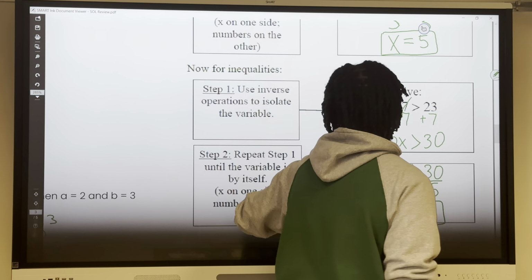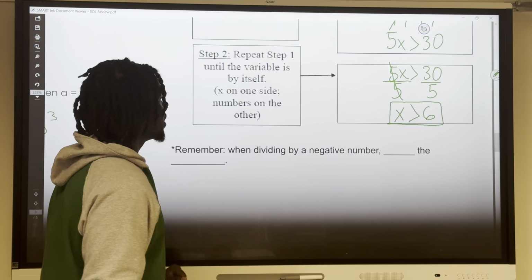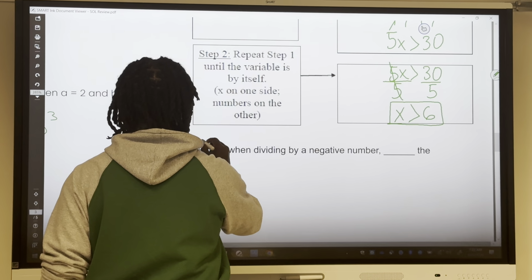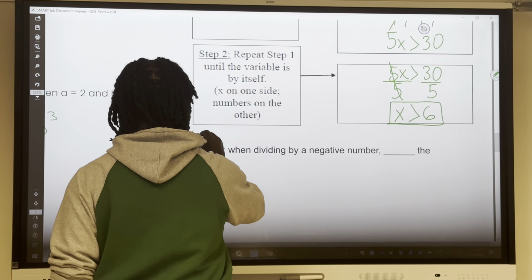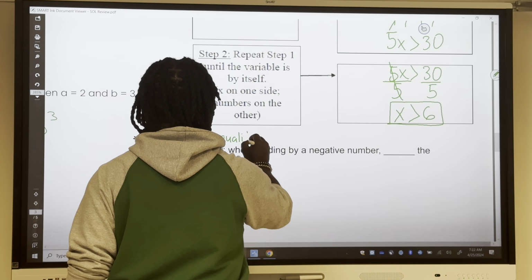Okay. Now, real quick, a note that you need, and this note is for when you are solving inequalities.